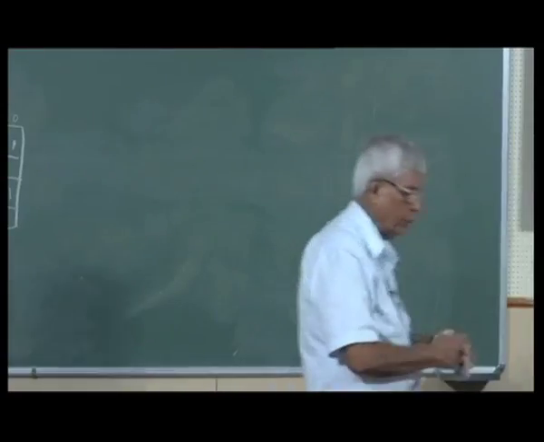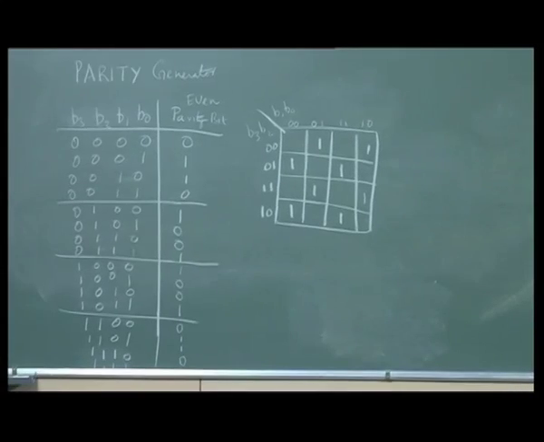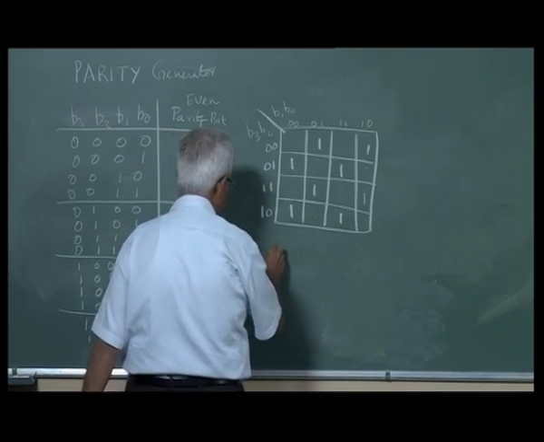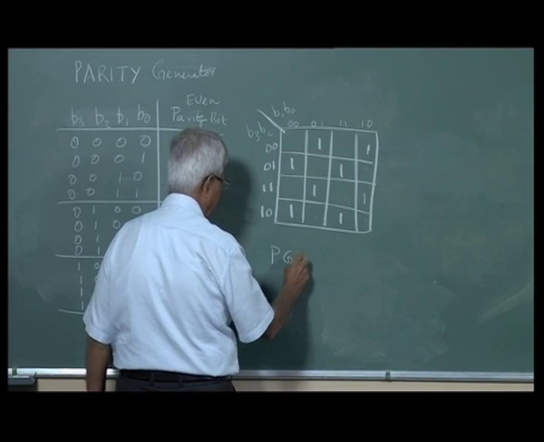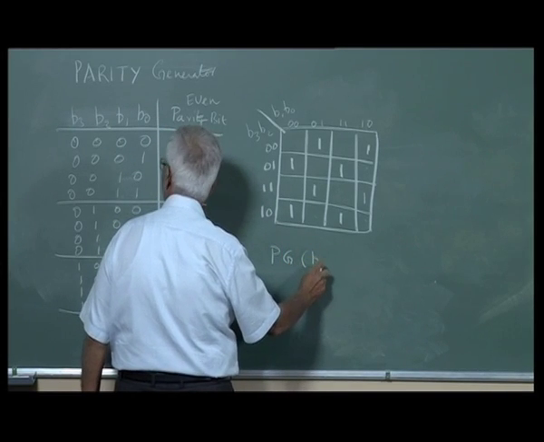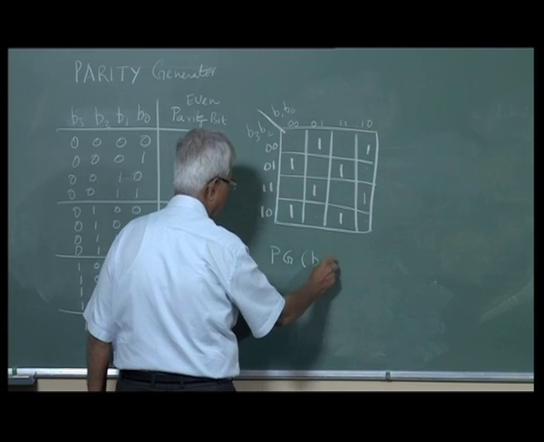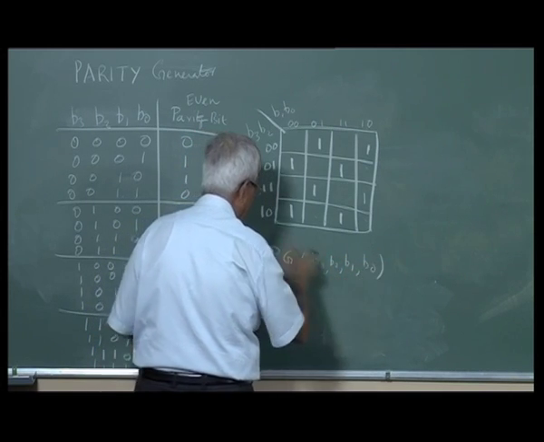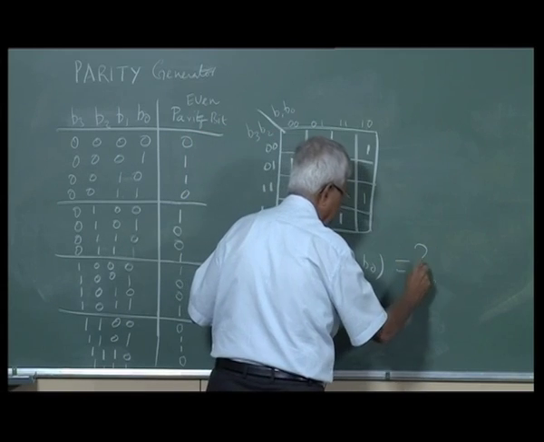Please spend 2 or 3 minutes and come up with the right answer for the parity generator. The parity generator we will call PG. PG is what, as a function of B3, B2, B1, B0? Using this Karnaugh map, write down the Boolean expressions for this.